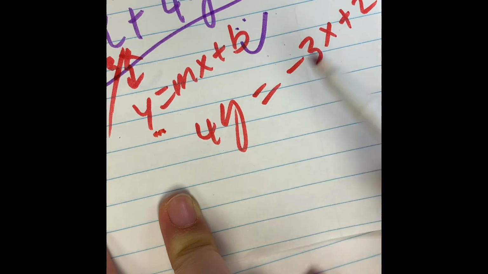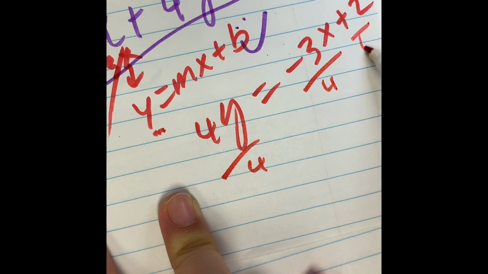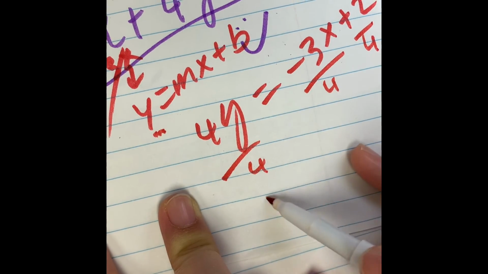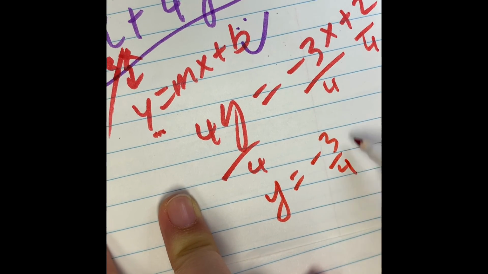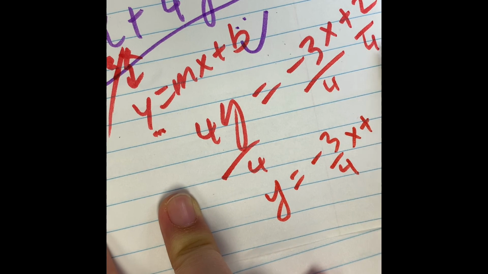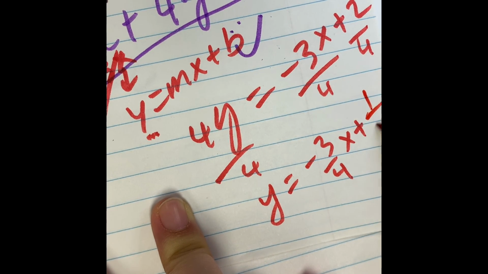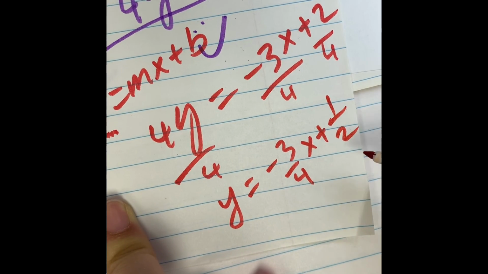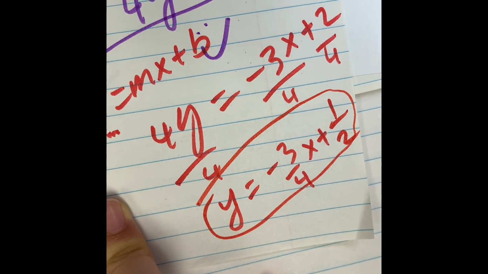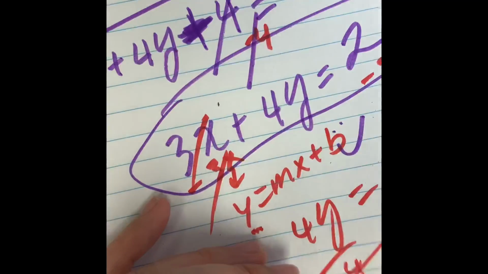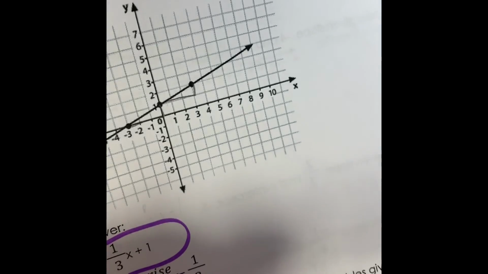Divide by 4, which means every term. So y equals negative 3 over 4 x plus, what is 2 divided by 4? 2 over 4, which is 1 over 2. Perfect. So that was the other answer. So do the same thing for number 5. Okay? Ready?